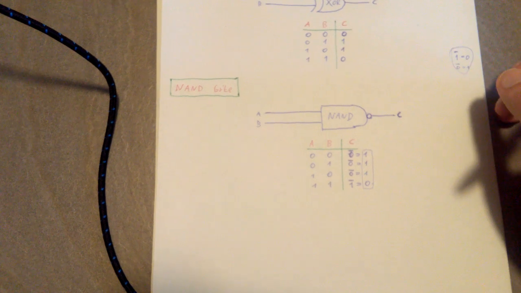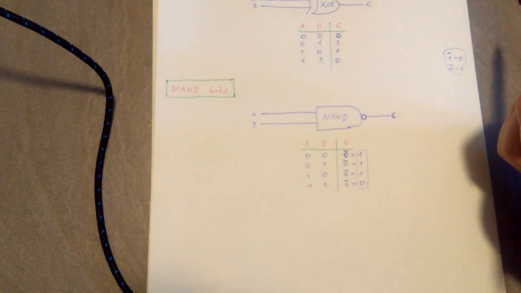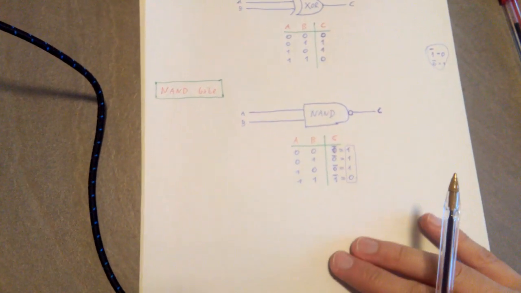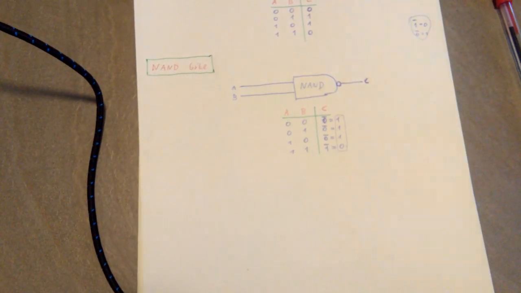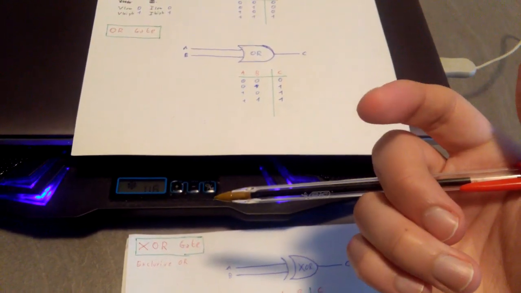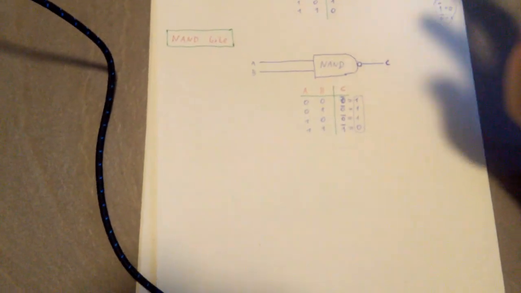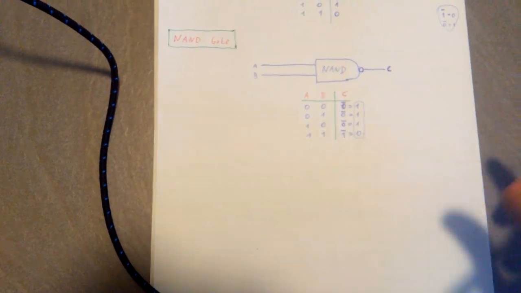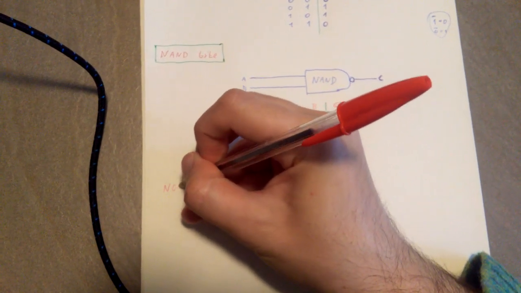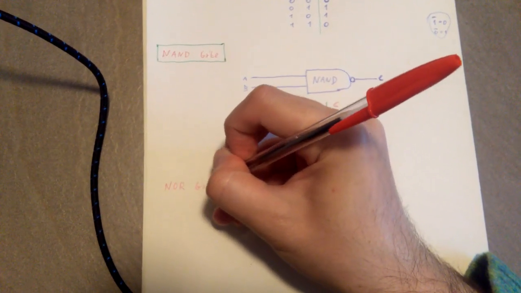So this is the truth table for the NAND gate. And we can do the same thing with the OR gate. We can take an OR gate, just like this one, and invert it and say, okay, not the output. So we call it, of course, a NOR gate.